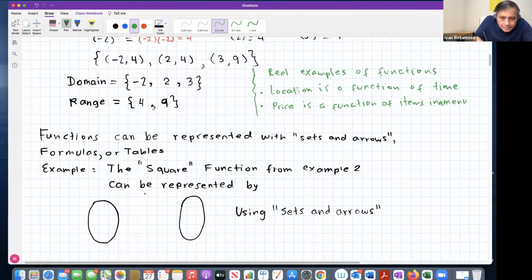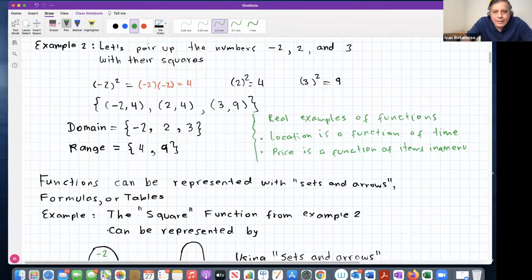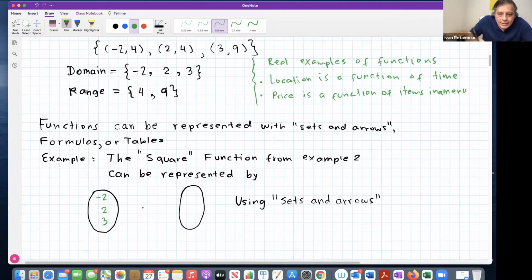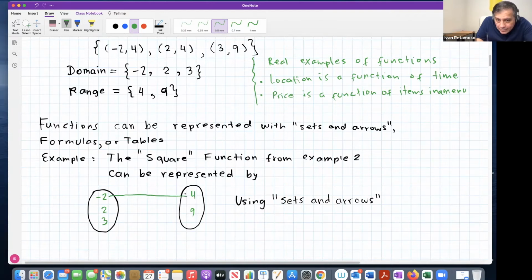The outputs were 4 and 9, so you can write them here. And you can arrow them, look. -2 squared, 4, so -2 arrows to 4. 2 squared, also 4, so this also arrows to 4. And 3 squared, 9. You can see two sets with arrows; they represent these pairs. So this is using sets and arrows.